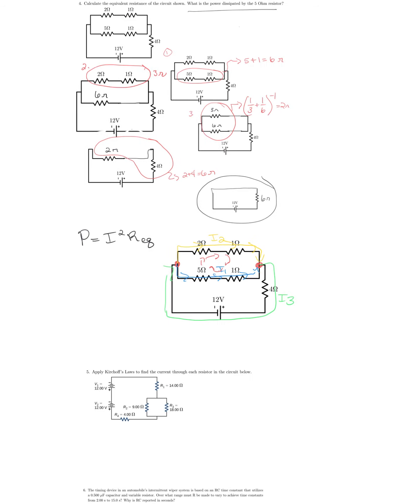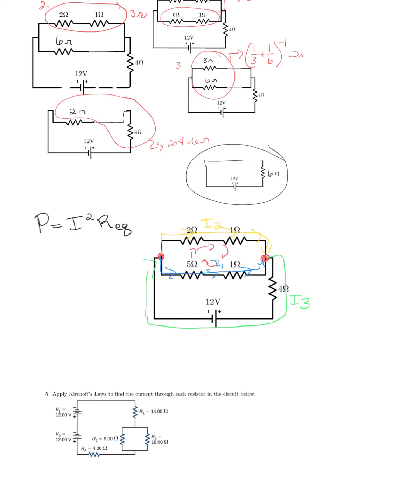Going around, we'll start right here with our loop, and we'll go through this 2 ohm resistor. Since our current is flowing in the same direction as our loop is pointing, we're going to be subtracting this, and this is going to be minus I2 times 2.